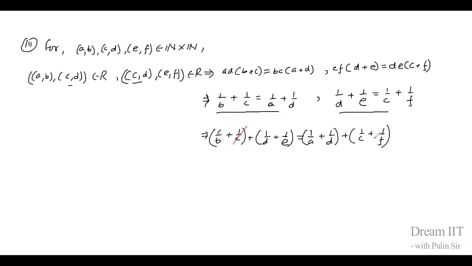See, this 1 by C and this will get cut. 1 by D will get cut here. So now once they are cancelled, this is 1 by B, 1 by E, and then 1 by A and 1 by F. Now from here, using that idea, can I directly write?